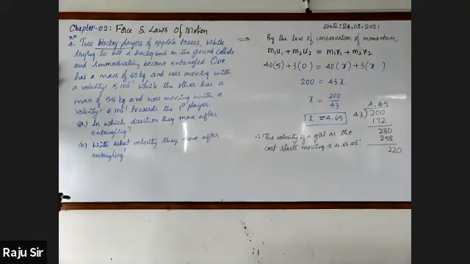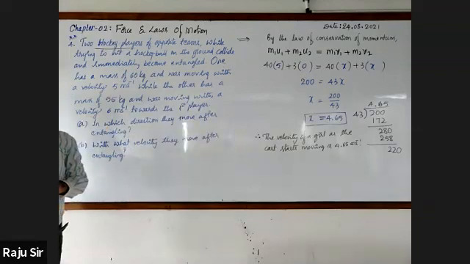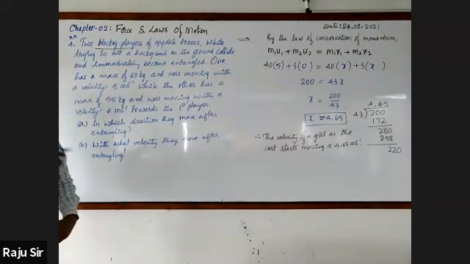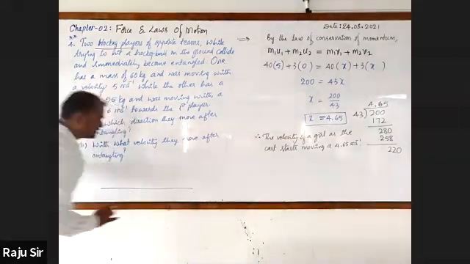Chapter 40. Observe here, with respect to this game, we have considered two players. Let us name them as player 1 and player 2. This is the graph.